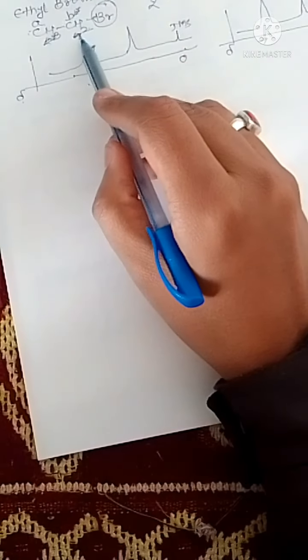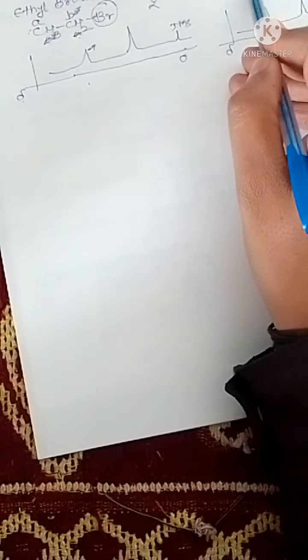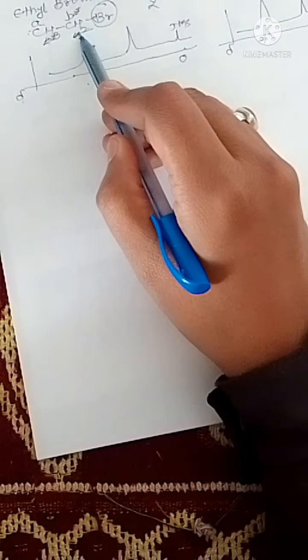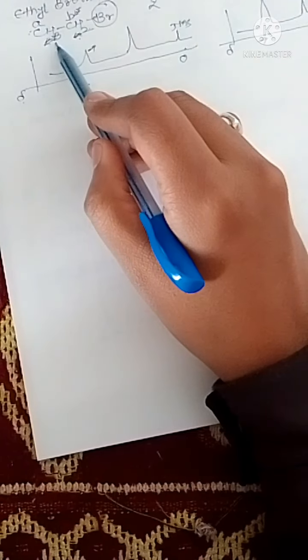Now see, in the intensity ratio of this signal, 2 is for this CH2 and 3 is for this CH3.